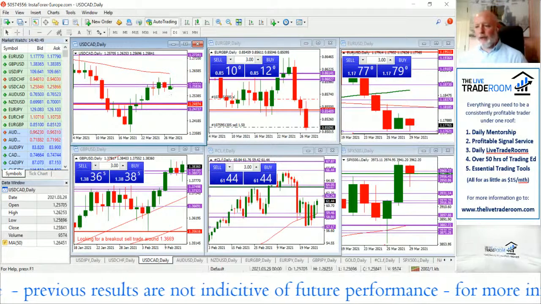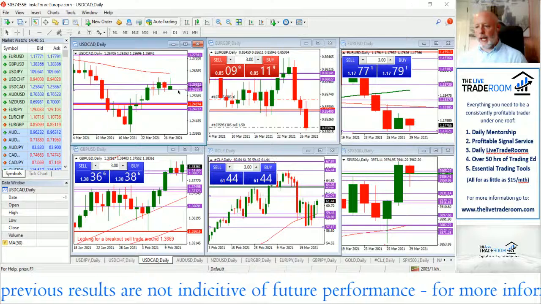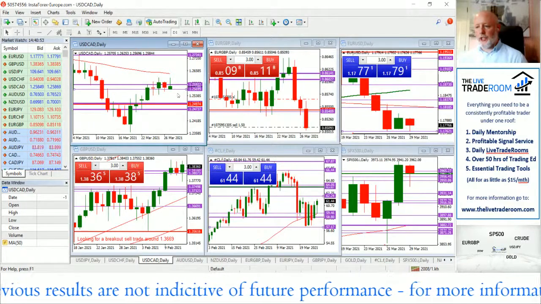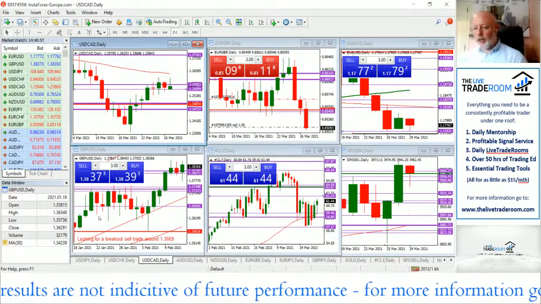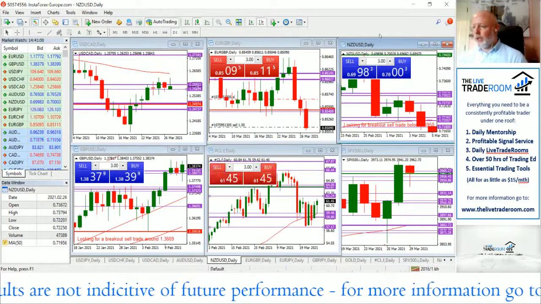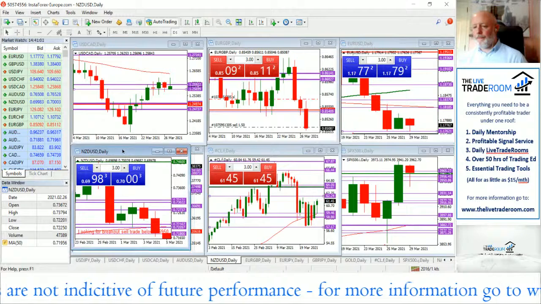We're actually looking for the rollover trade below the daily lows. That would be an interesting development for this market, and the New Zealand dollar as well. So let's bring that over here.